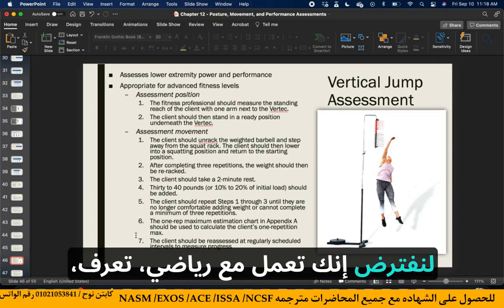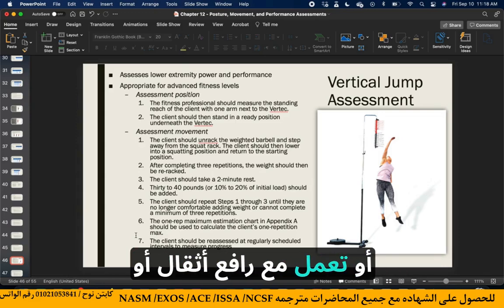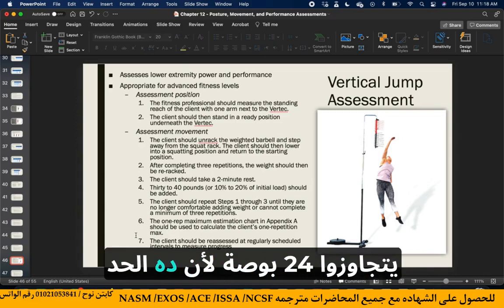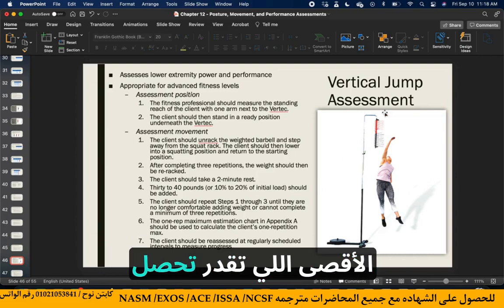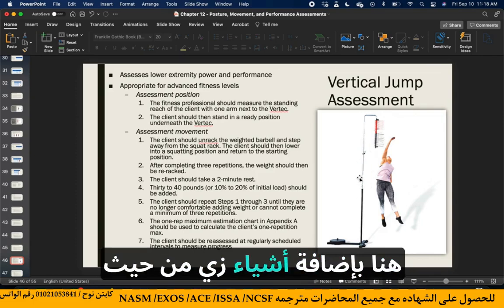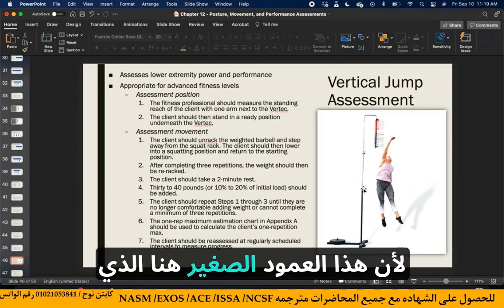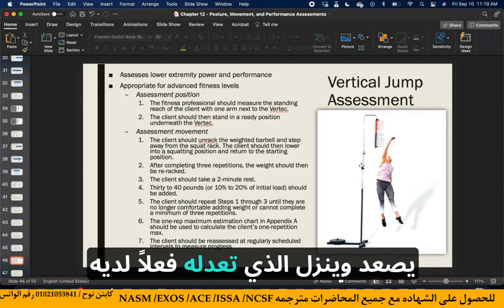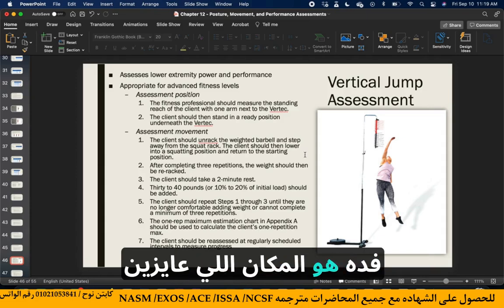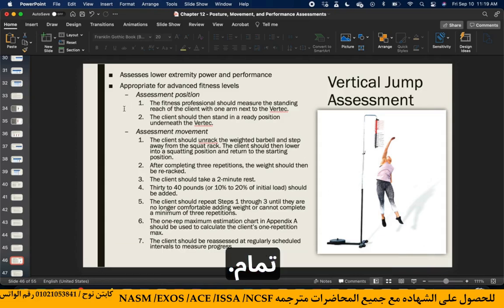Now, say you're working with an athlete who has a very high vertical jump, or you're working with a power lifter or an Olympic weightlifter, and we know that they're going to be able to go above 24 inches because that's the max that you can get on those bars, then we can adjust this standing height by adding 12 inches to where their standing height is, because this little pole that you adjust up and down actually has indicator lines of inches, okay?